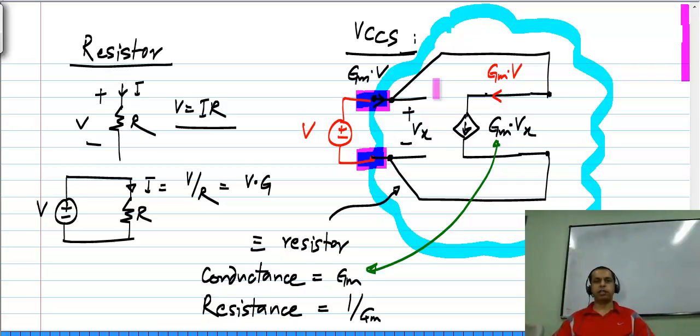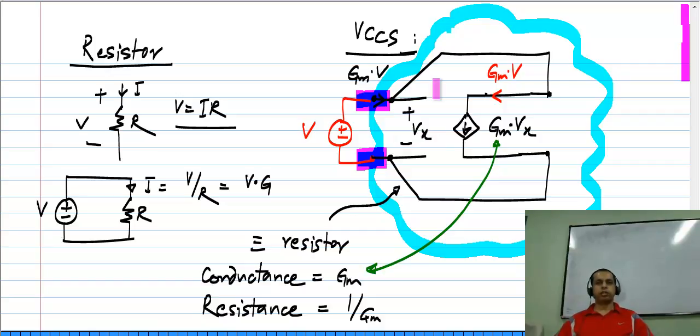That's because of the linearity of the control source. So this entire arrangement just looks like a resistor, right? So you can take a control source and synthesize a resistor from it. If you think of a resistor, it has two terminals, and there is a relationship between the voltage across those two terminals and the current flowing through the terminals.